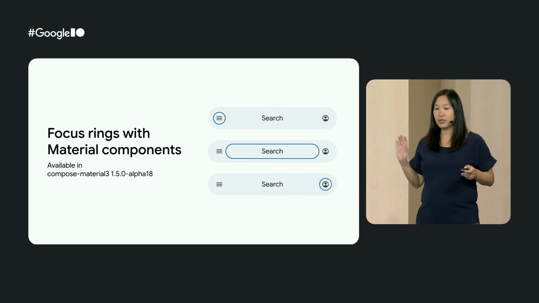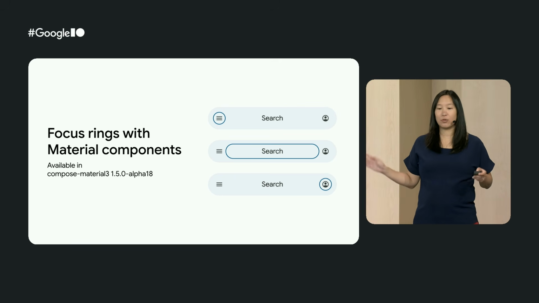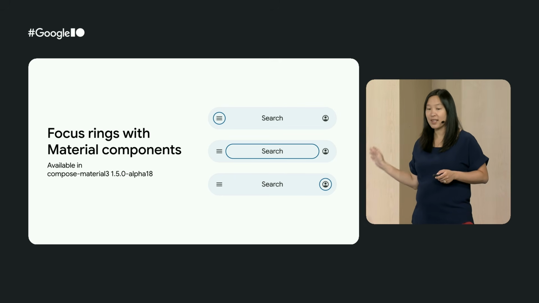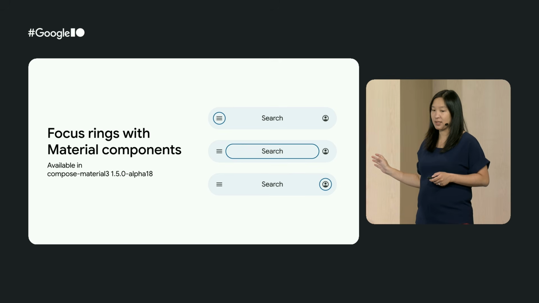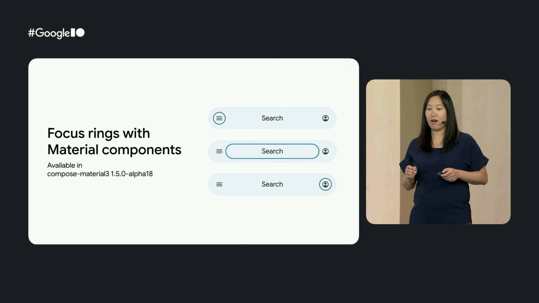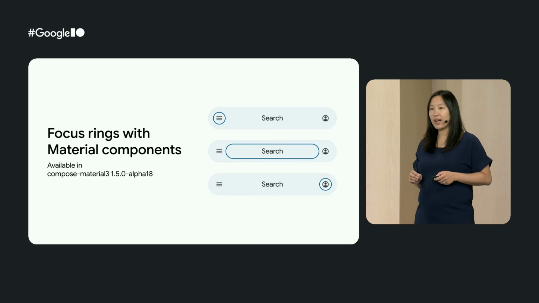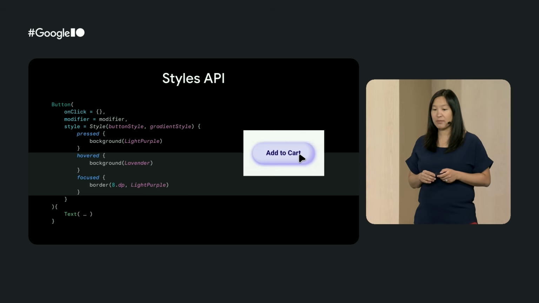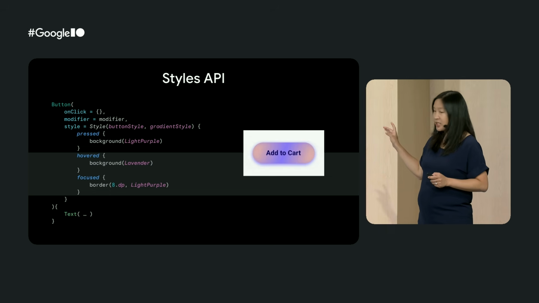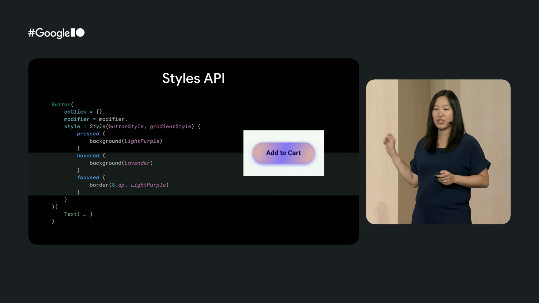Focus states are also important to input, and now in alpha, we've introduced support for focus rings designed for Material 3 components. Focus rings are a critical redesign of the Focus UI on Android, ensuring that interactive elements pop out for users during keyboard or D-pad navigation. Visual feedback is great for indicating focus, but we can do more, like visually indicating when an element is pressed or has a cursor hovering over it.